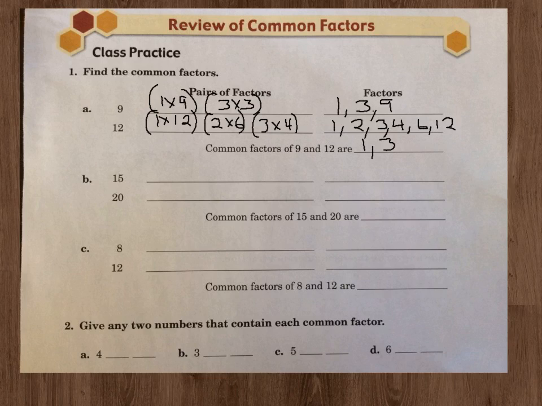Okay, let's look at B now. Well, of course, the first and easiest would be 1 times 15. And then also 3 times 5. And then our factors for 15 would be 1, 3, 5, 15. For 20, we have 1 times 20. Now, 20 ends in a 0.